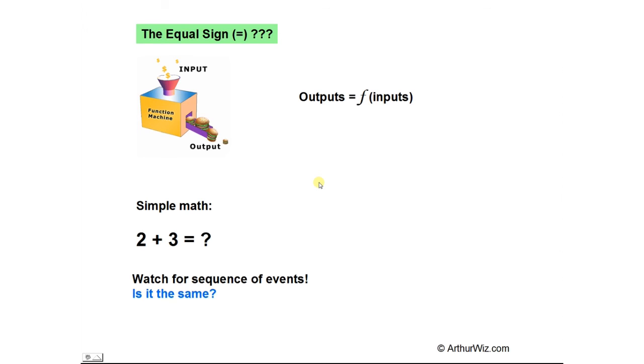It means kind of assigned to. What do you mean assigned to? It means that the whole thing on the right hand side is assigned to the output. We will talk more about this in later lessons. But just keep in mind that the equal sign is not the same in math and the programming language.